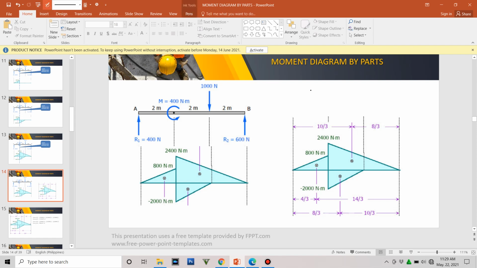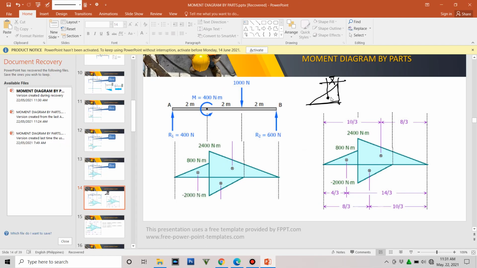Remember that in a spandrel, this is the head and this is the tail. So your X bar, or the centroid, is measured up to the head. So X bar is referred to the head of the spandrel.